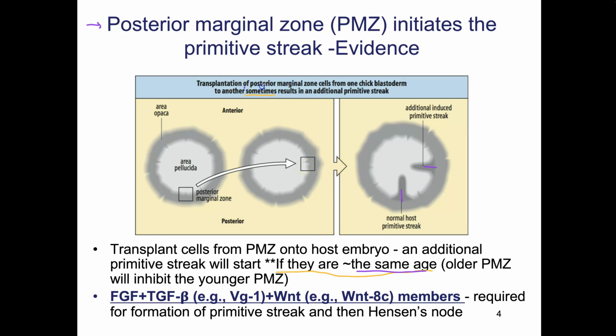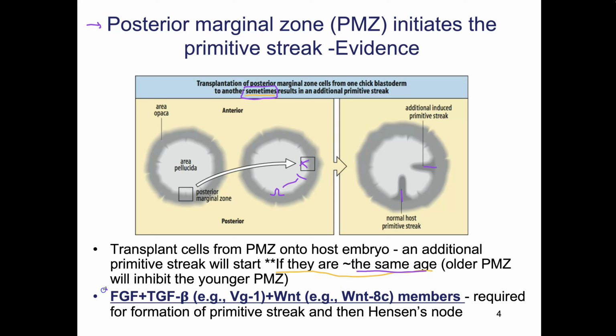The reason why I've underlined sometimes here is because it depends greatly on the age. If the primitive streak had started to form already, then these transplanted cells will not induce one. Okay, so if they're not the same age, if you have an already existing primitive streak, there is a kind of inhibition of the formation of another one.